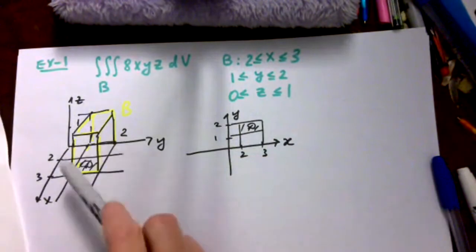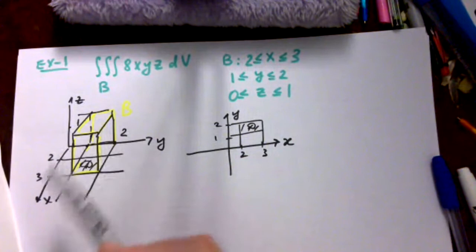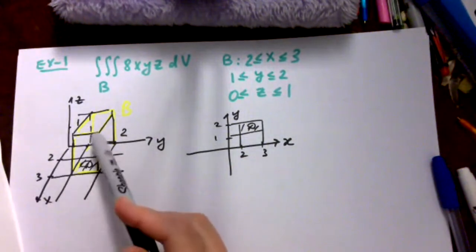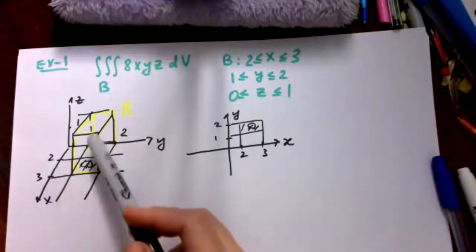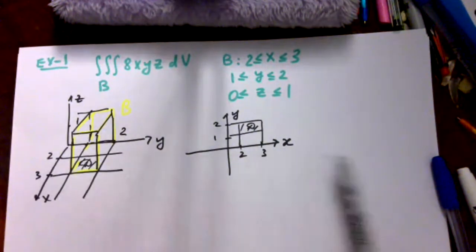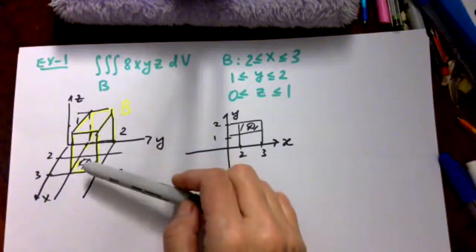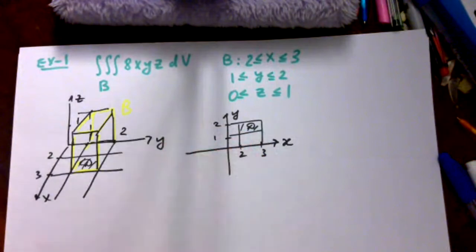And now we need to look at this 3D region B from the viewpoint of the house. Is this a house or not? We need to come up with a verdict. First of all, you can spot that this region does have vertical walls.